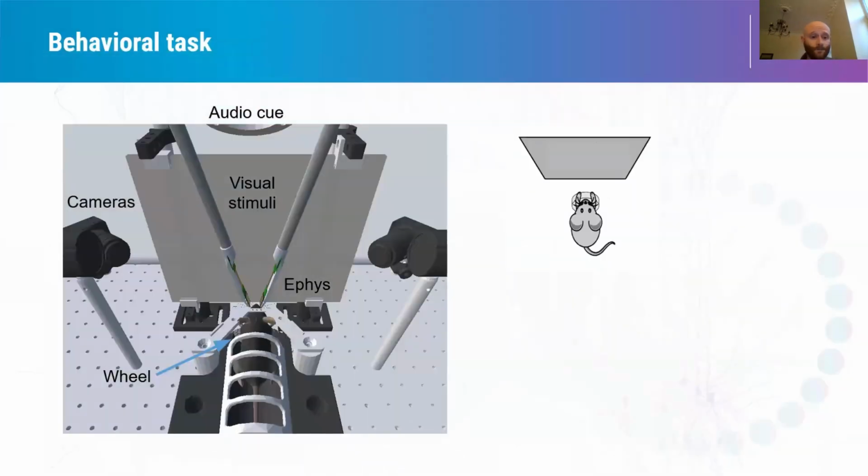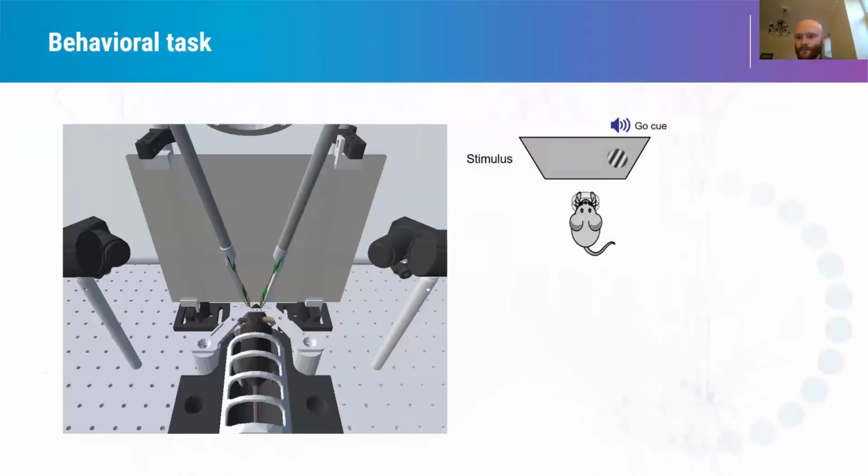So the task itself, it's a head fixed task. The mouse sits in front of this screen, in front of a couple of cameras, and under its paws, it has a little Lego wheel. And so after a period of enforced quiescence, where the mouse has to keep that wheel still, a stimulus appears on the screen.